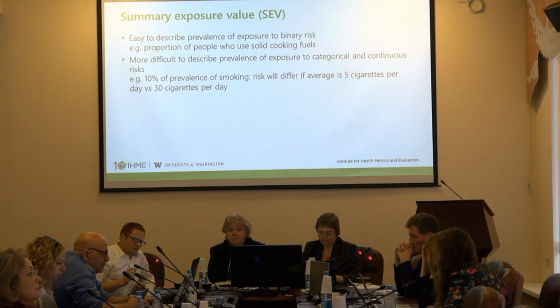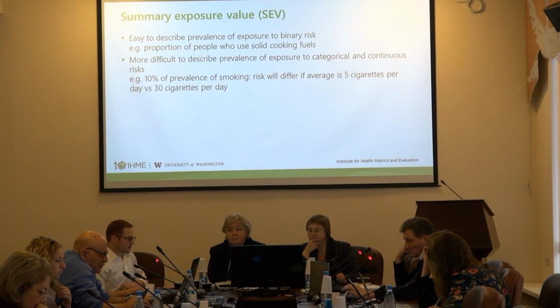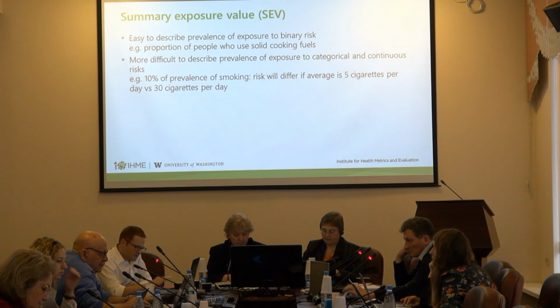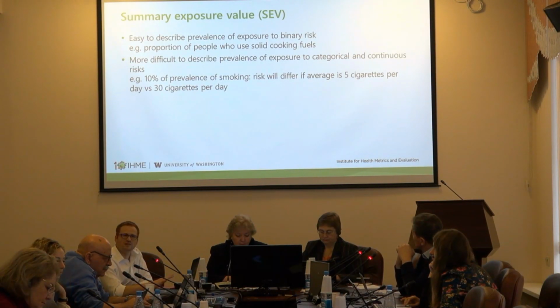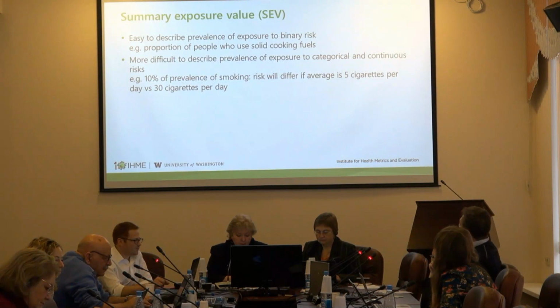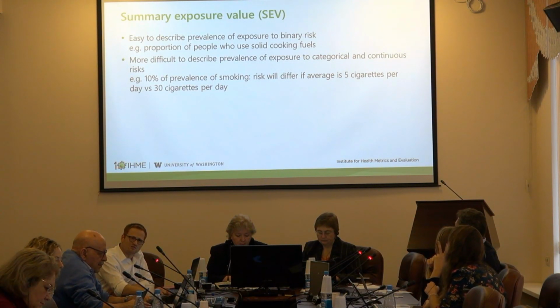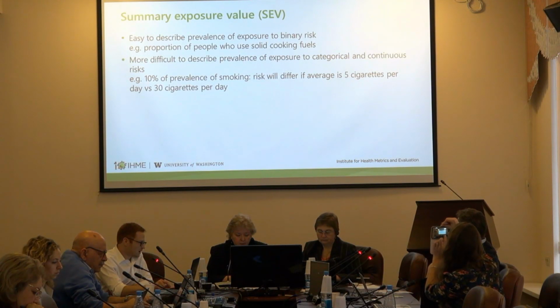The motivation for developing the summary exposure value, which we abbreviate the SEV, is that when you have binary risks, it's very easy to summarize the risk. 28% of people use solid cooking fuels. Easy, done. But when you have something that's categorical or continuous, it's much, much more difficult to give a single number summary of risk.